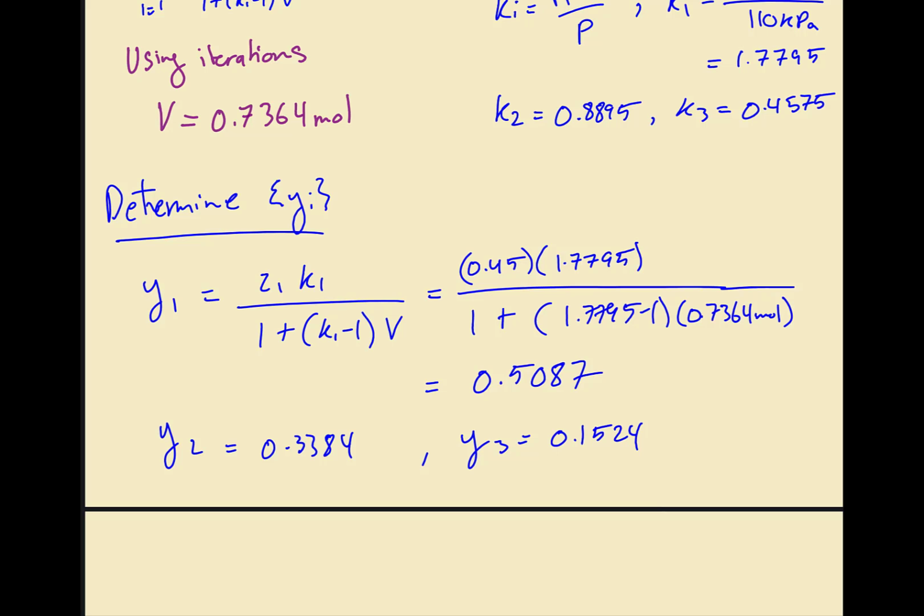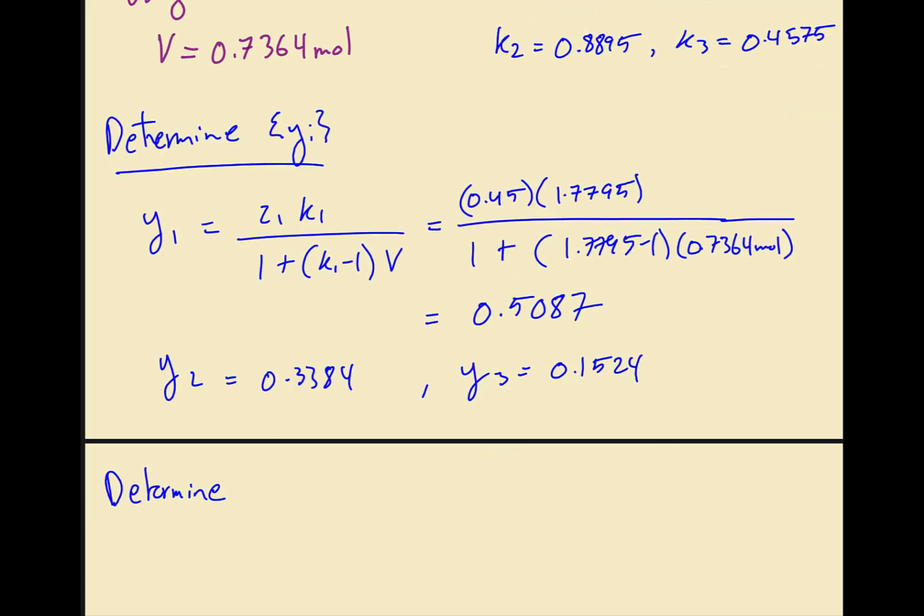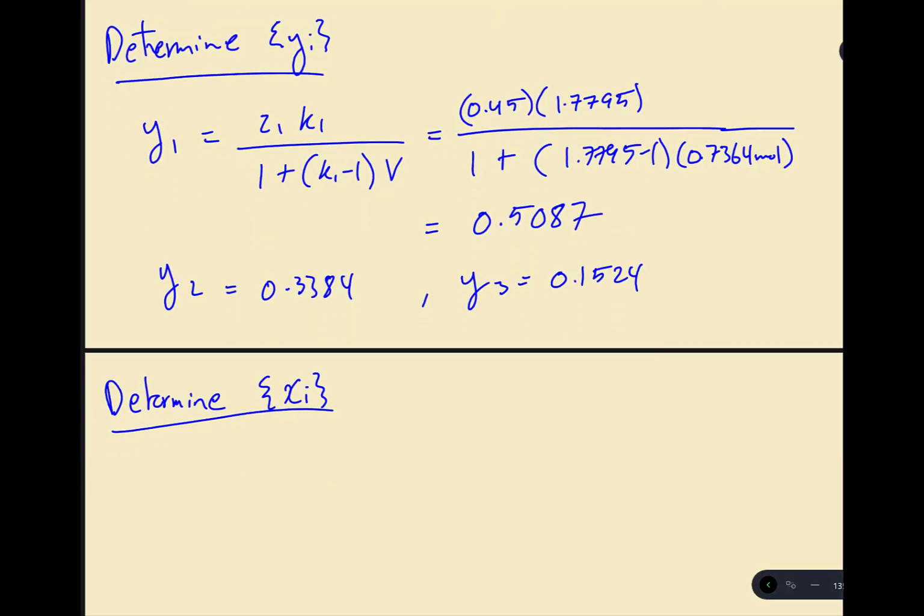Then to find the mole fraction in the liquid phase, we use the k's, right? So k is yi over xi. I know the k's, I know the y's, so then I just divide y by k, I get x. So xi equals yi over ki. So you simply just do the math there.